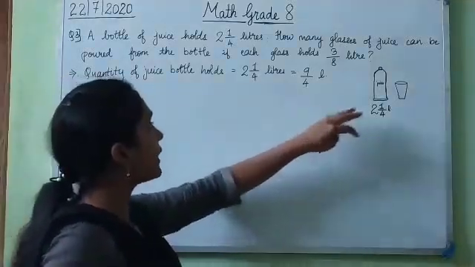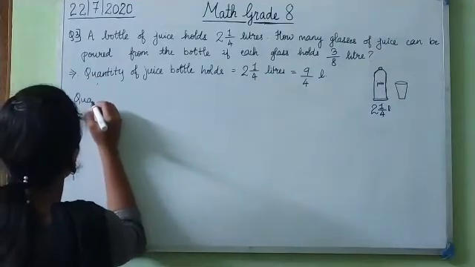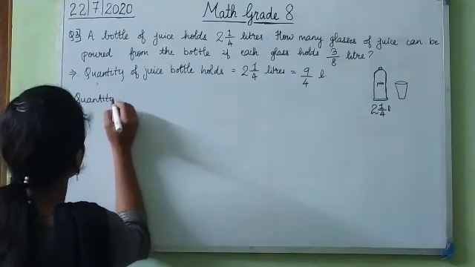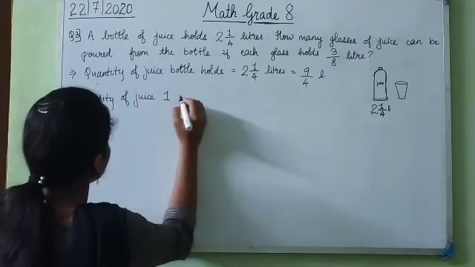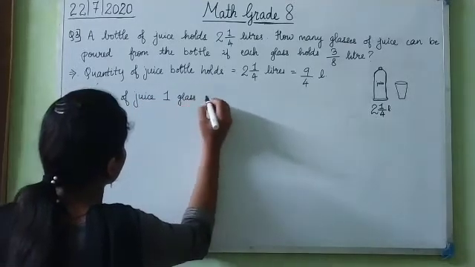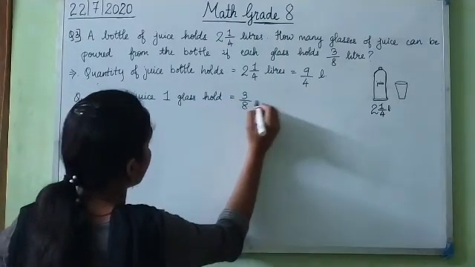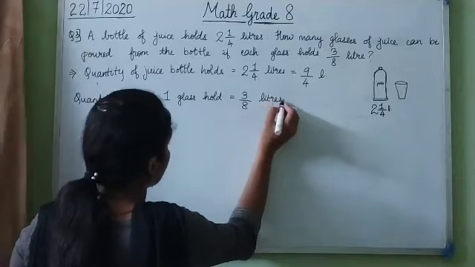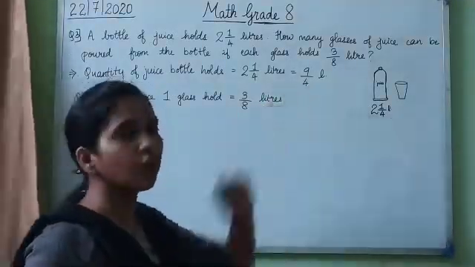Now we are pouring it into glasses, and the quantity of juice one glass can hold is how much? 3/8 liters. Okay, so one glass holds 3/8 liters, and the total juice is 9/4 liters.